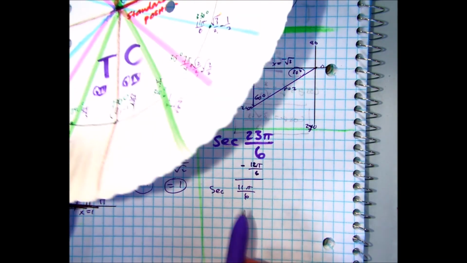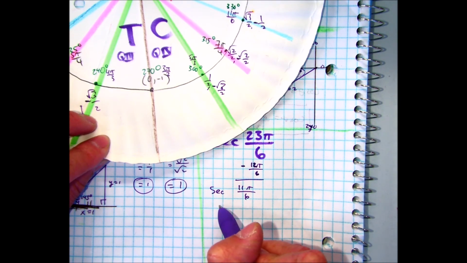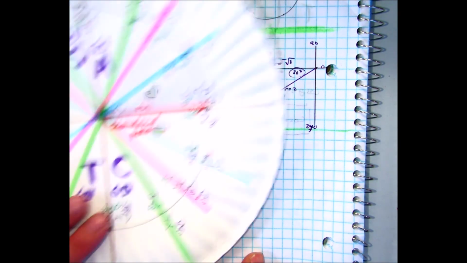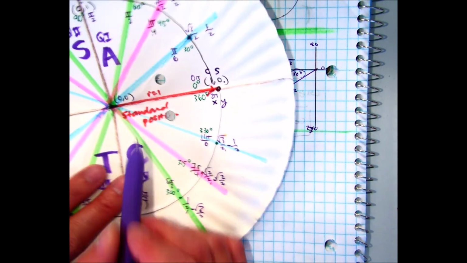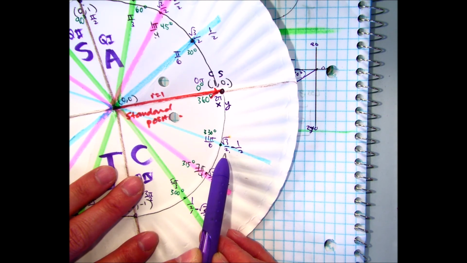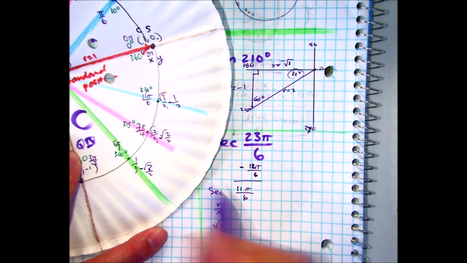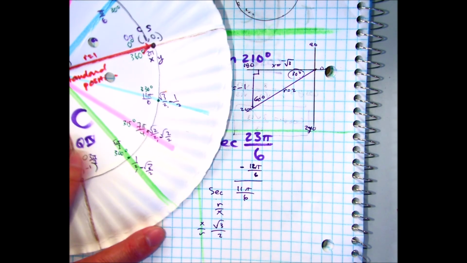Now we're looking for secant, which is which letters? R over x. So I basically just need to take cosine and then flip it. Find cosine and flip it. Radical 3 over 2, but radical 3 over 2 is x over r.